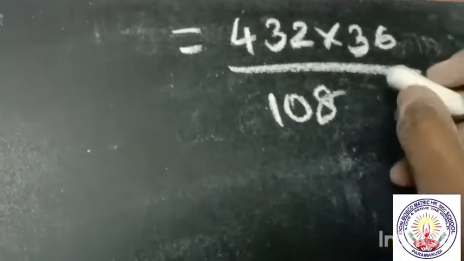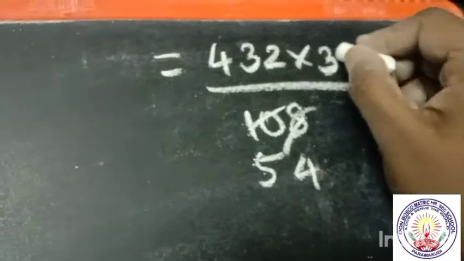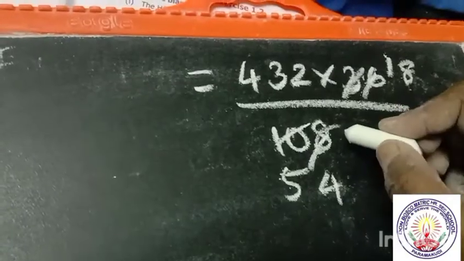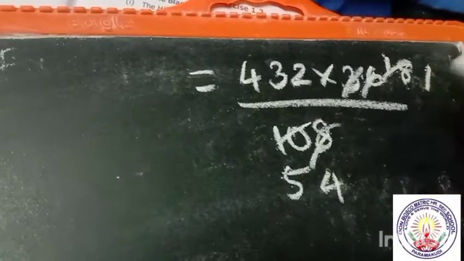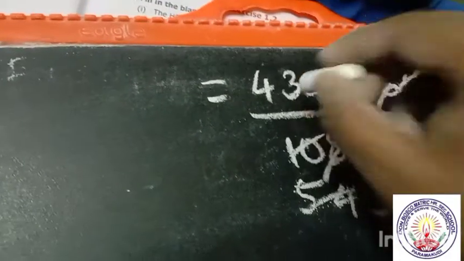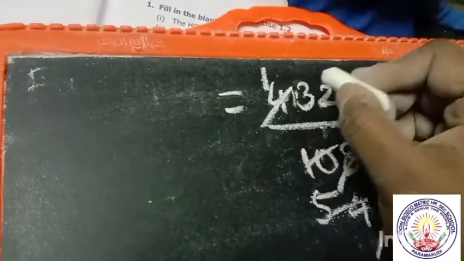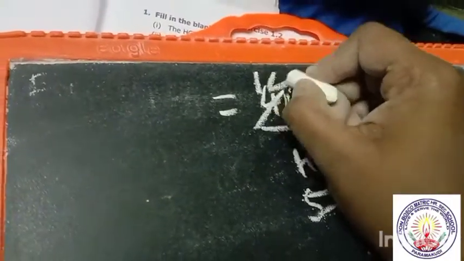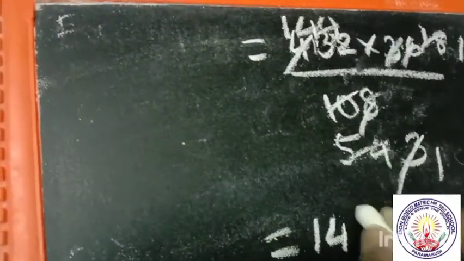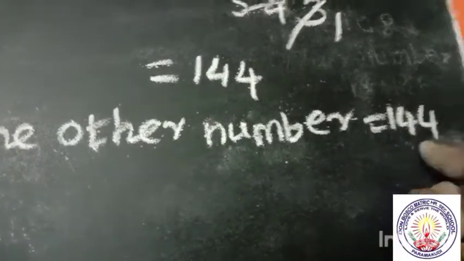How can we divide 108? In the 2 table we will divide. 5 2s are 10, 4 2s are 8, then 1 2 is 2, remainder 1, 8 2s are 16. 18 and 54 is there. 1 18 is 18, 3 18s are 54. 432 divided by 3: 1 3 is 3, 1 3 is 3, remainder 1, 13 is there. 4 3s are 12, remainder 1, 4 3s are 12. So the answer is 144. So the other number is 144.